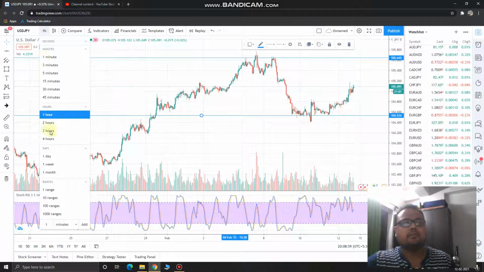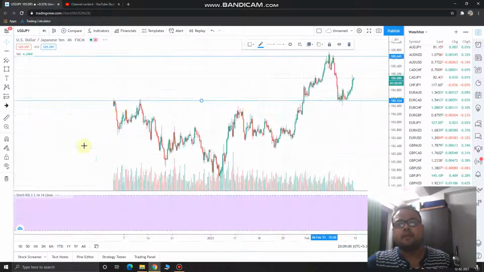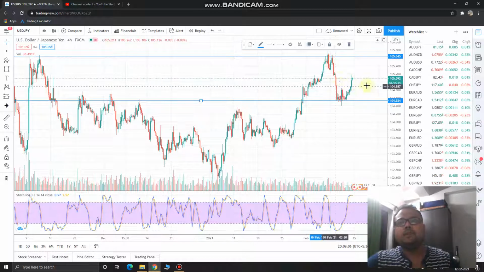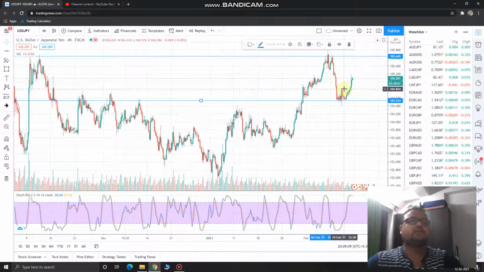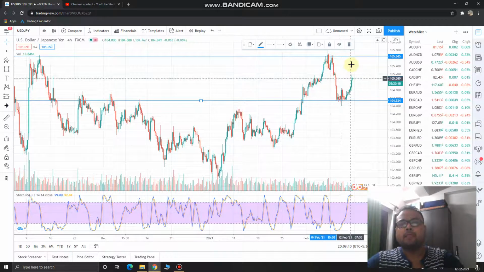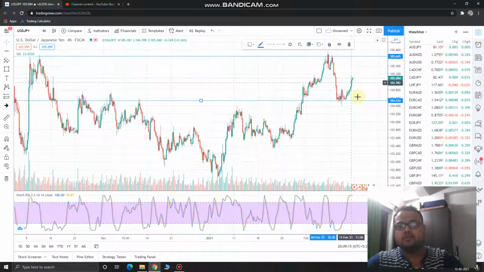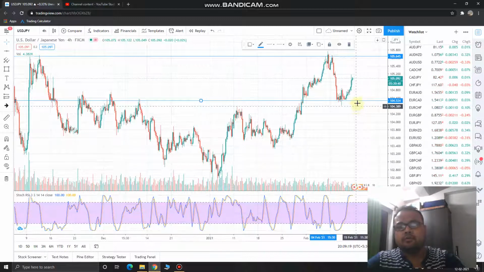But the 4 hour time frame is giving us a good picture. So just stick to the 4 hour time frame, and just remember, this will be your no trading zone. Right now it is a no trading zone, so only trade at the 105.64 level, or if it comes down, place your trade at the 104.52 level.